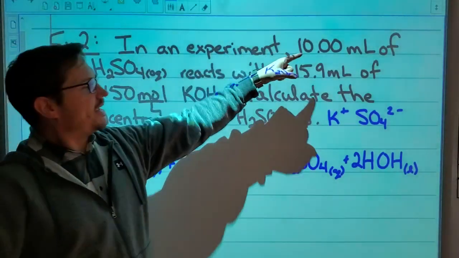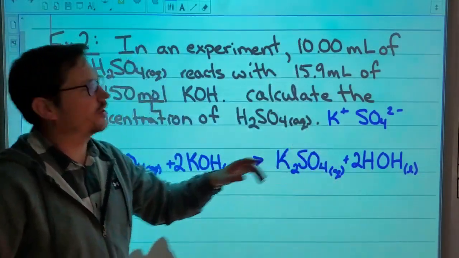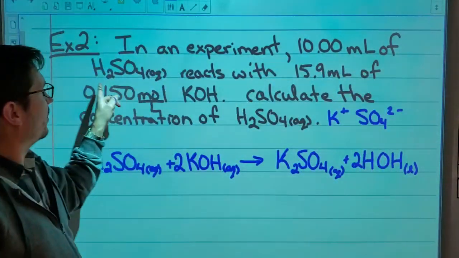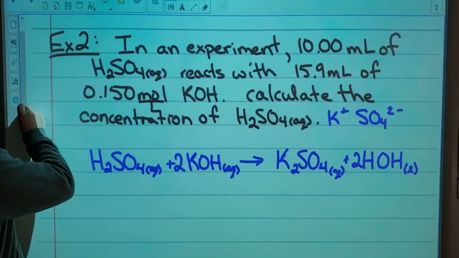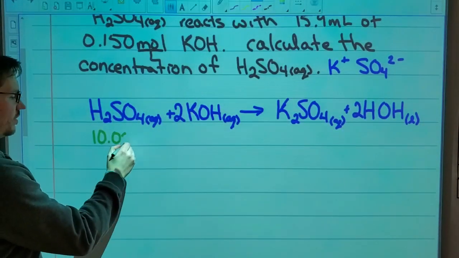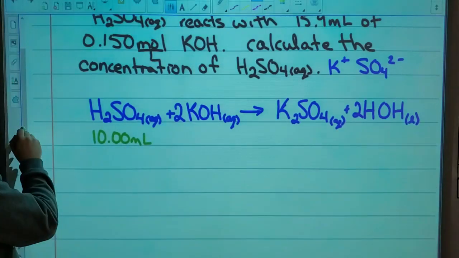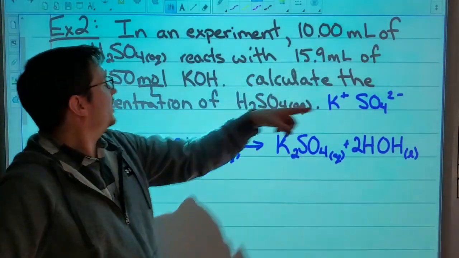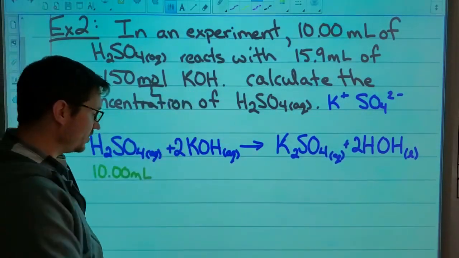Now, we got to place all the pieces of information under who they belong to. So, in an experiment, 10 milliliters of H2SO4. All right, no problem. 10.0 milliliters of this stuff. And then it says reacts with 15.9 milliliters of KOH.